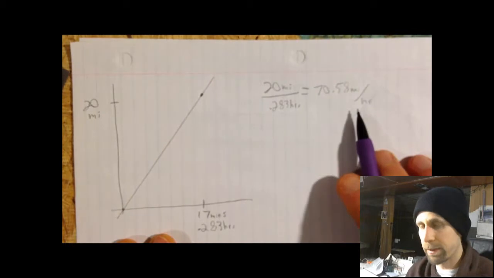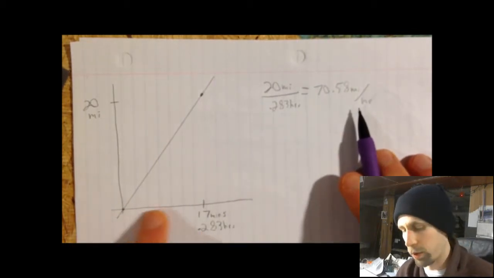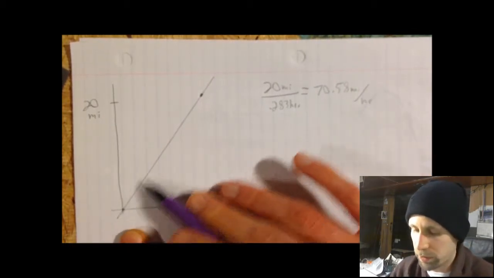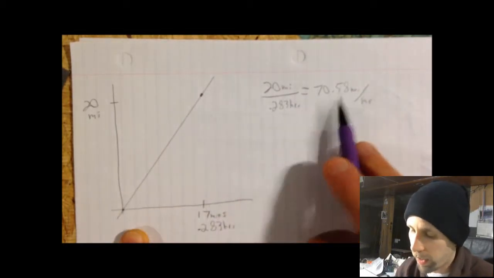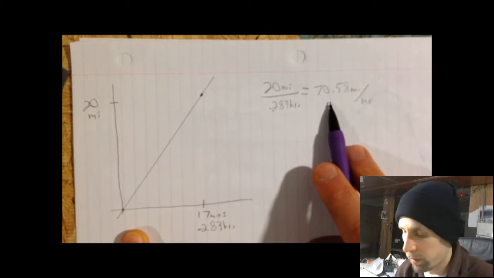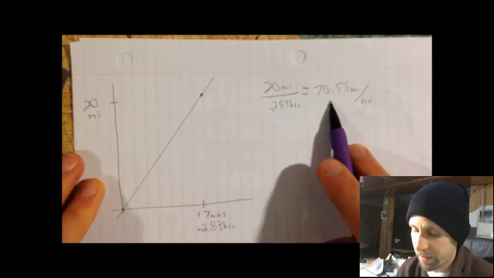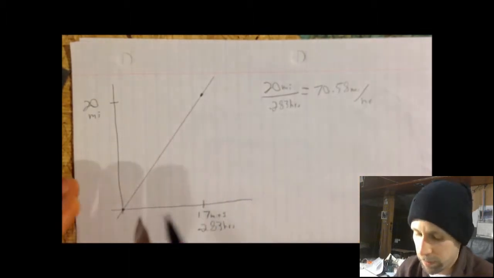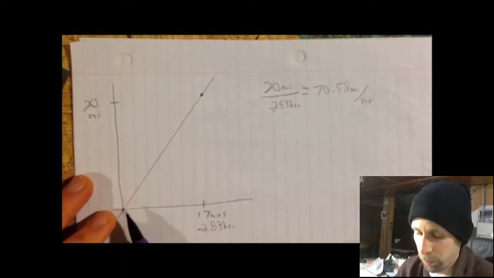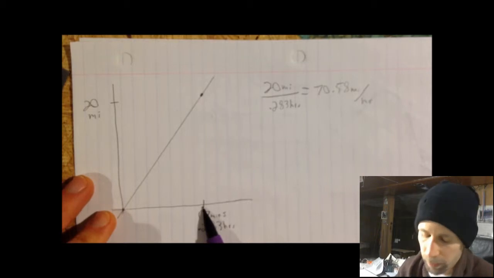Remember, this is just the average speed. This doesn't tell you where you actually were. On average, you went 70.58 miles per hour, which means you're guaranteed to have broken the speed limit at some point in time between when you started and when you arrived.